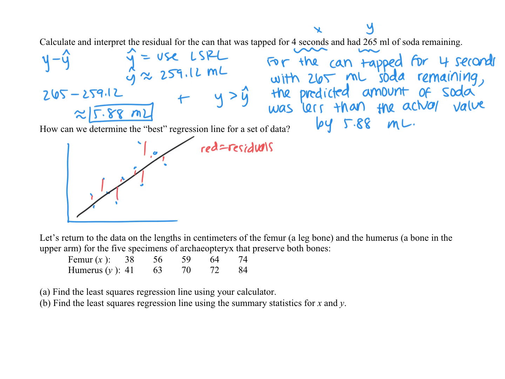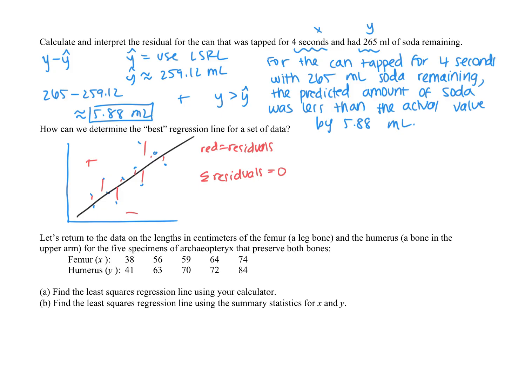So all of these above the line are positive residuals. All of these below the line are negative residuals. So for positive residuals, the actual value is higher than the prediction. For negative residuals, the actual value is below the prediction. So we have both positive and negative residuals. First thing for you to know is those residuals will always sum to be 0, kind of like with standard deviation.